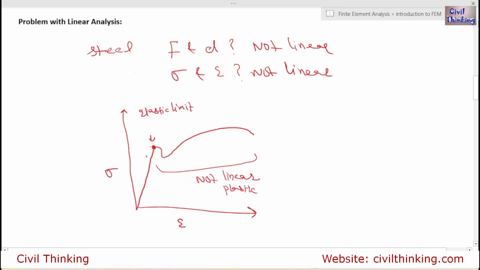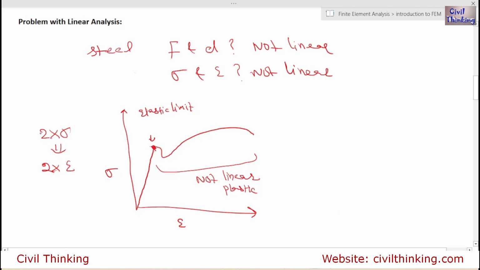Now up to this point it is linear or elastic. What does it mean to be elastic? If you increase the stress, the strain will increase. If you increase the stress 2 times, the strain will also increase 2 times, or 3 times. If you increase stress by one step, the strain will increase proportionally. That is called an elastic body.